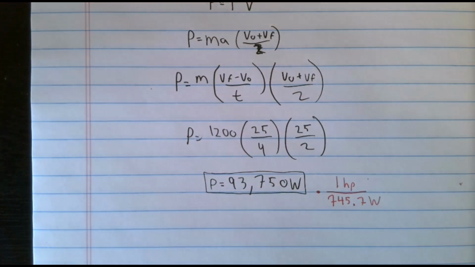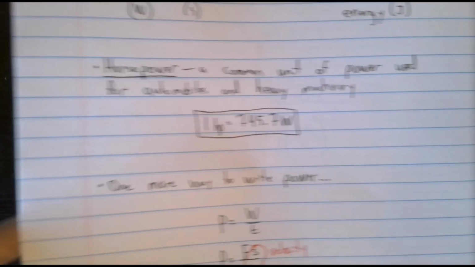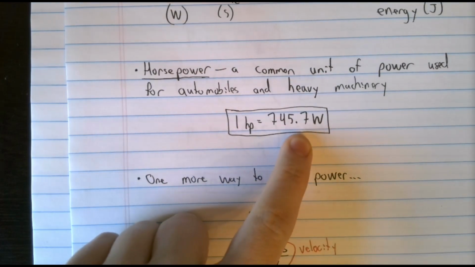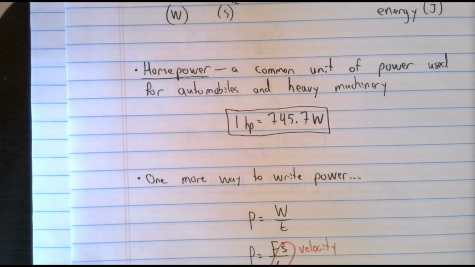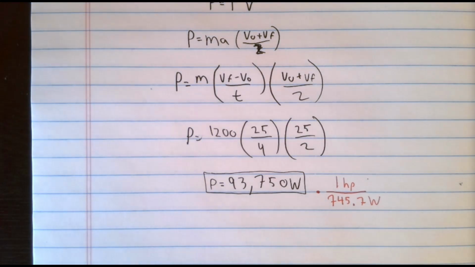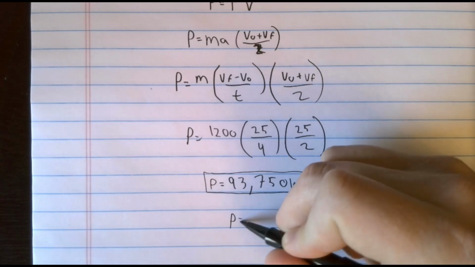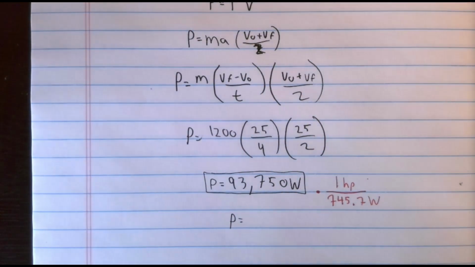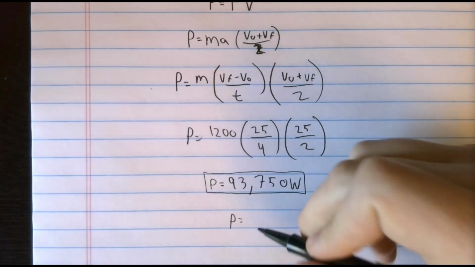The reason I did that is because there's 1 horsepower for every 745.7 watts. And you put the W on bottom in order to cancel them out. They cancel, and you get an answer in horsepower, which will be 125.7.